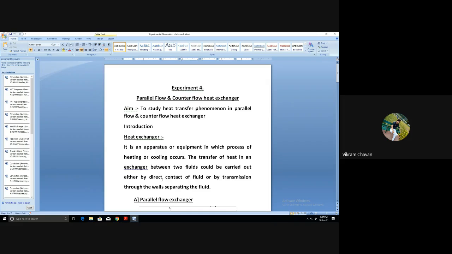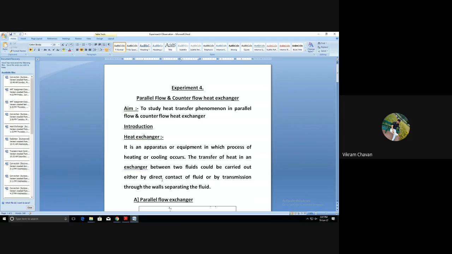Okay, so these heat exchangers are classified in different categories, according to the direction, according to the nature, according to the type of fluid present inside the heat exchanger, then according to the design consideration and the type of the flow.